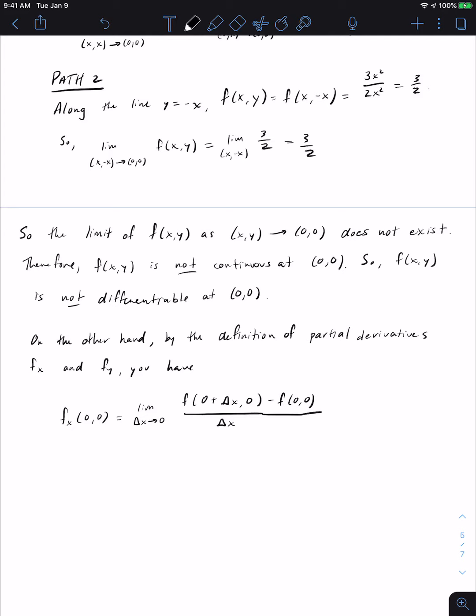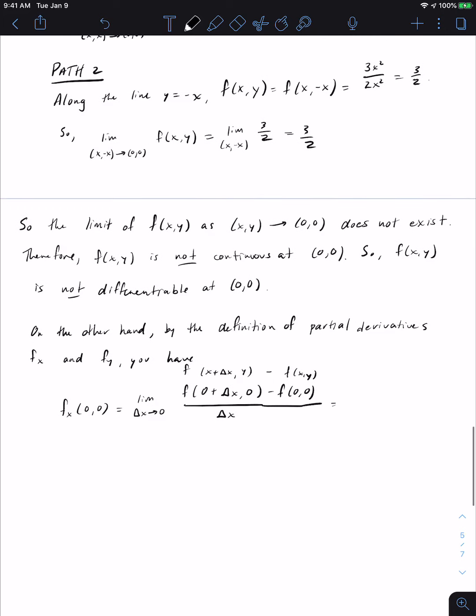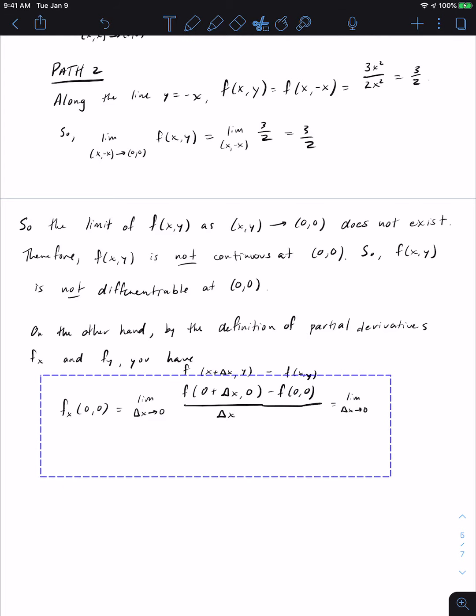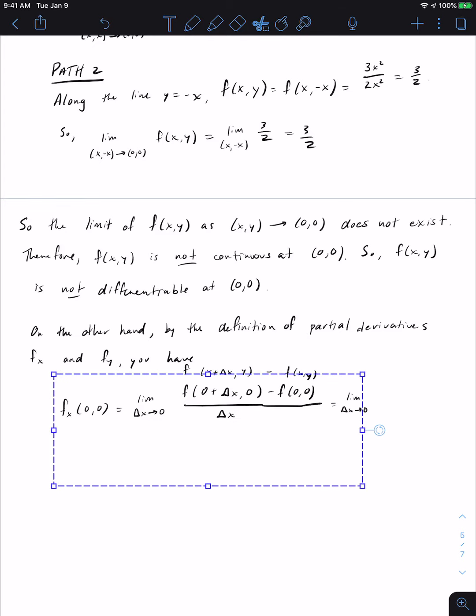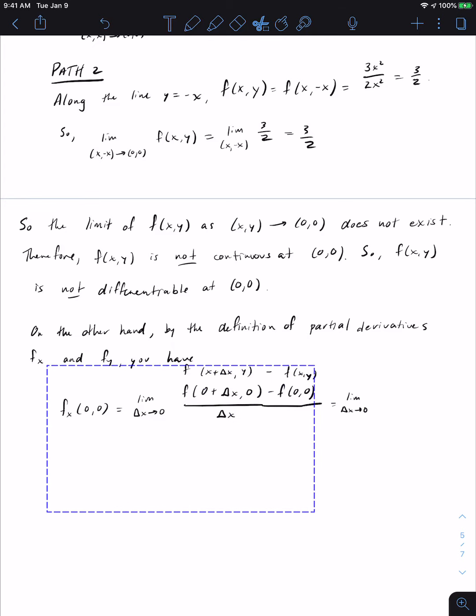Because at 0, 0, it's minus f of xy, but it's 0. This is x plus delta x, y. Remember, these are the definitions. So now this guy is the limit as delta x approaches 0.